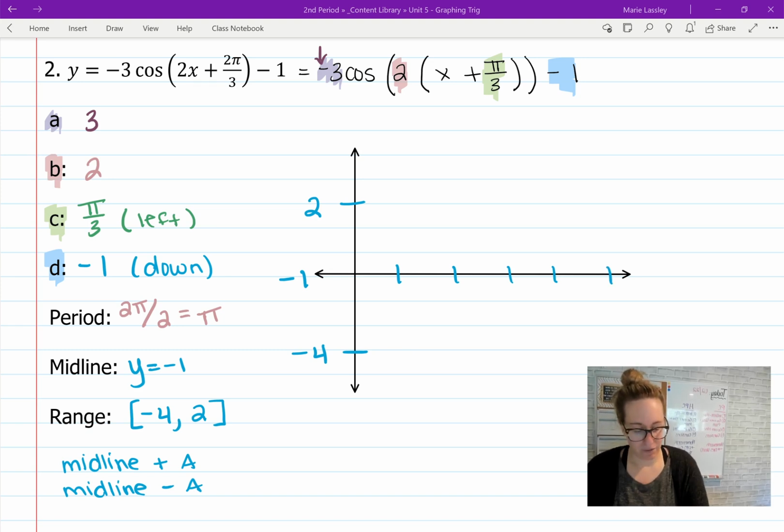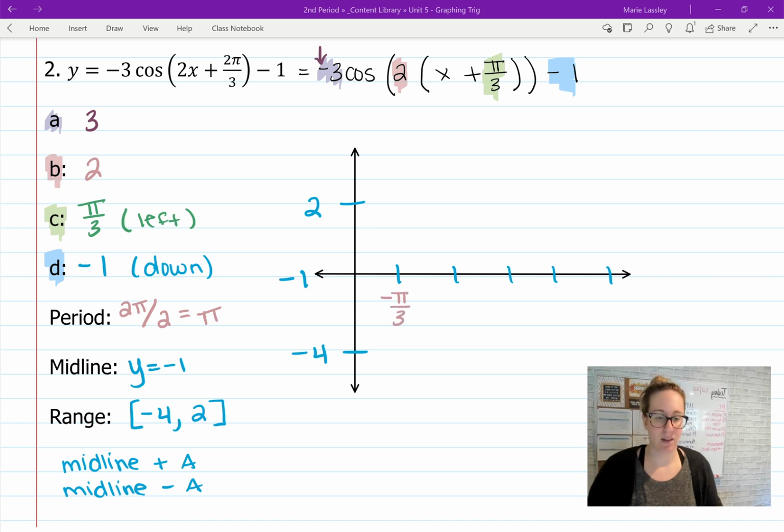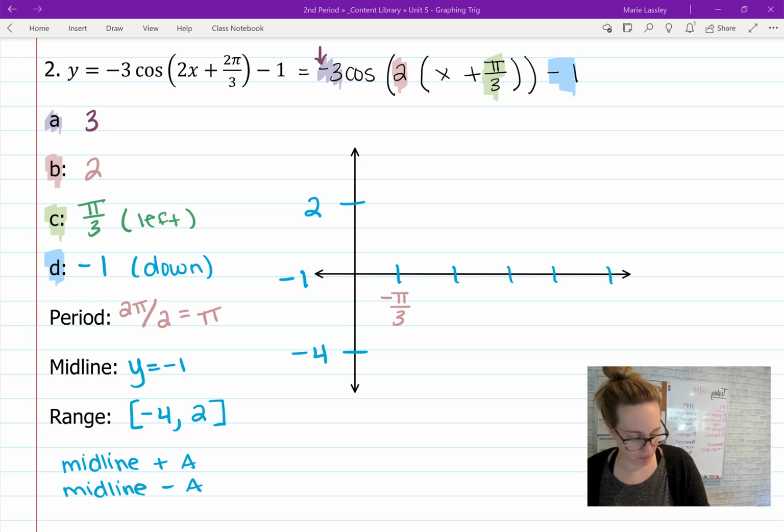Now our first point is whatever our phase shift is. So we went left pi over 3, so our first point is going to be -pi over 3. All right, our last point is just add the period, which is pi.